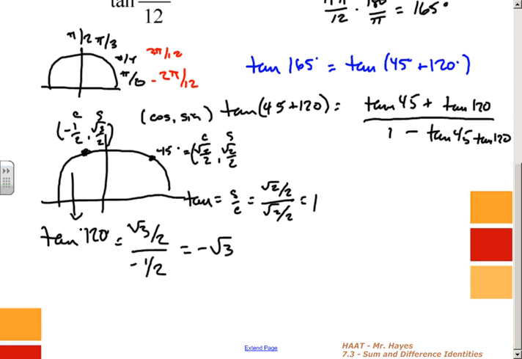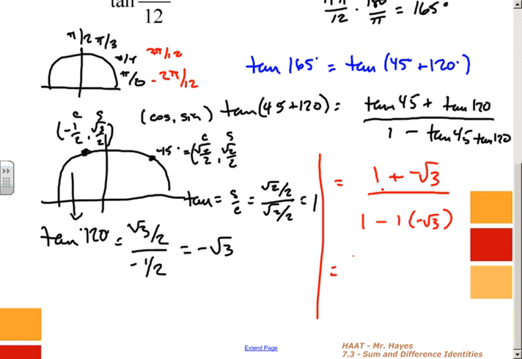So those are the numbers that we're going to plug in here. So if I follow this out, I've got now 1 plus a negative root 3 all over 1 minus 1 times a negative root 3. So if I simplify that out, I'm going to get 1 minus root 3 over 1 plus root 3.